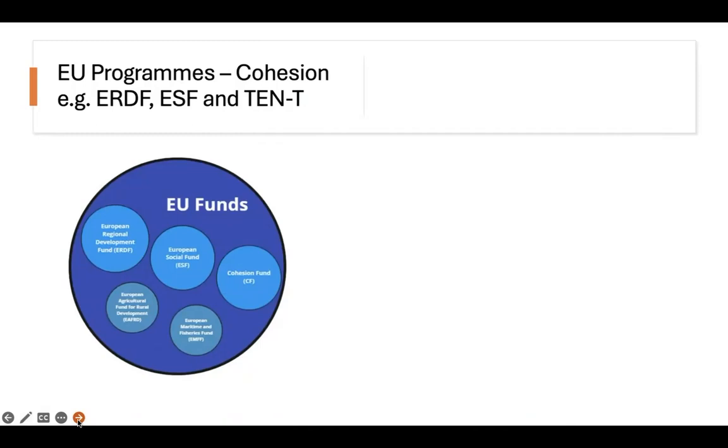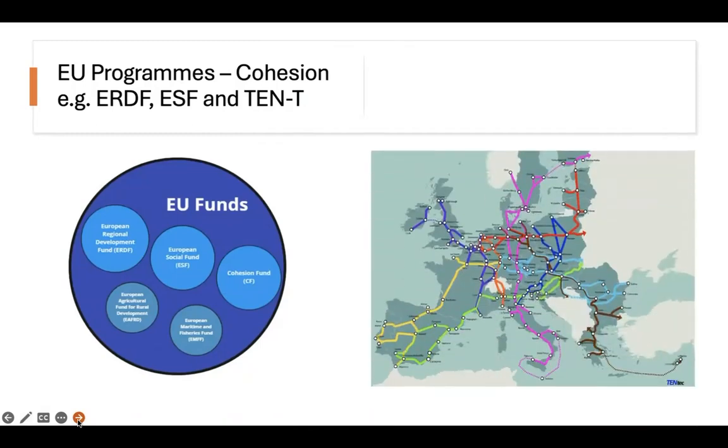And the European Social Fund targets employment opportunities, social inclusion, training, job creation, education, skills. So you can see that there are big funds there to be spent in those regions towards cohesion.